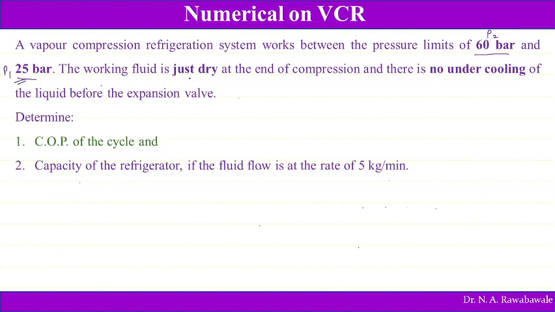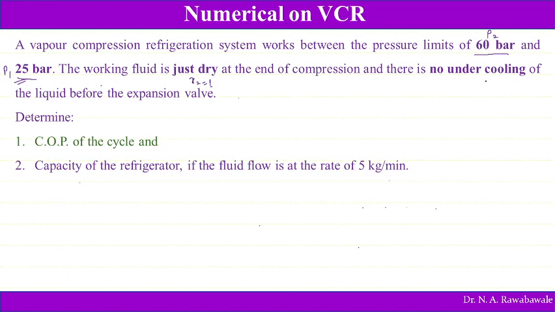The working fluid is just dry at the end of compression. That means when the refrigerant is compressed in a compressor, at the end of compression, at point 2, the dryness fraction X2 is equal to 1, that is, just dry.